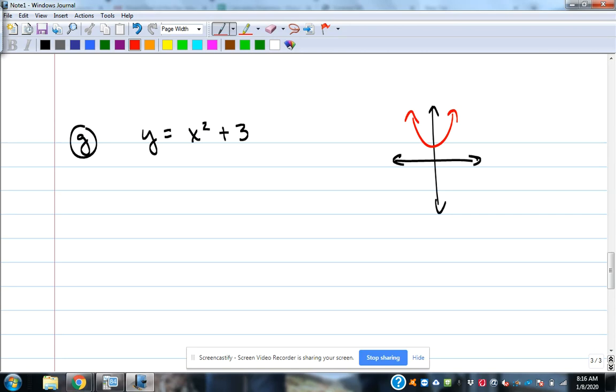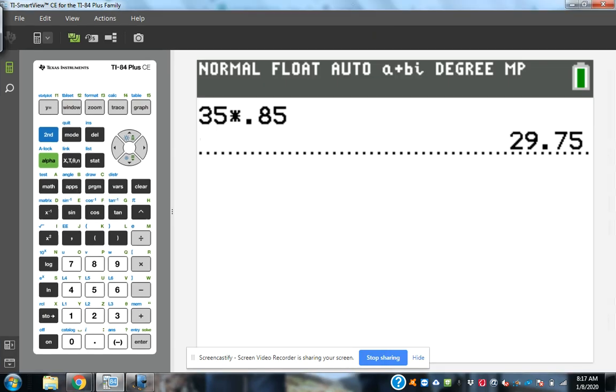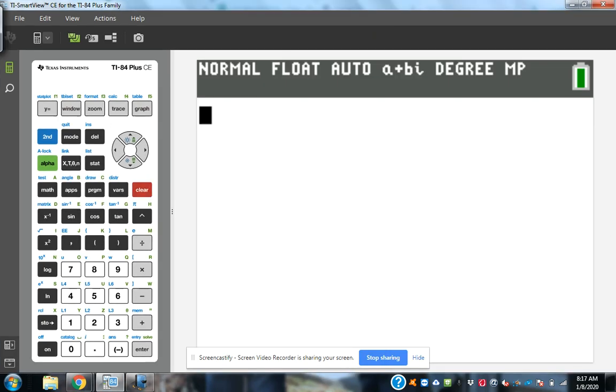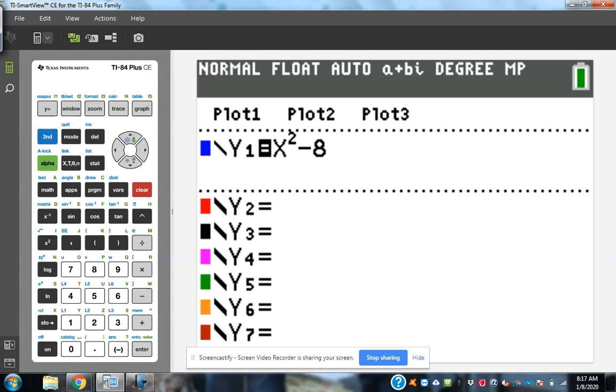Now, does that pass the vertical line test? Yes. So this is a function. Now, here's another tool that you're going to have at your disposal since you've got a graphing calculator. If you've got an equation here, we can use the graphing portion of our calculator to help us build that picture. So I can just have x squared plus 3 and hit graph.